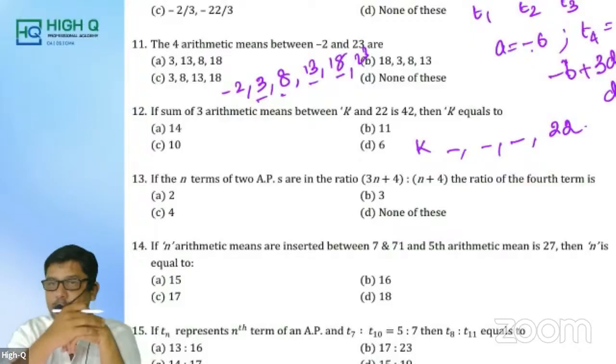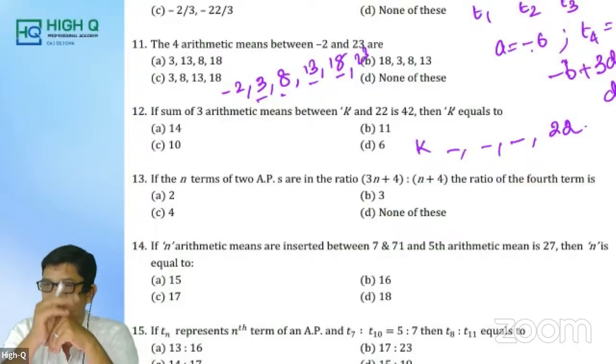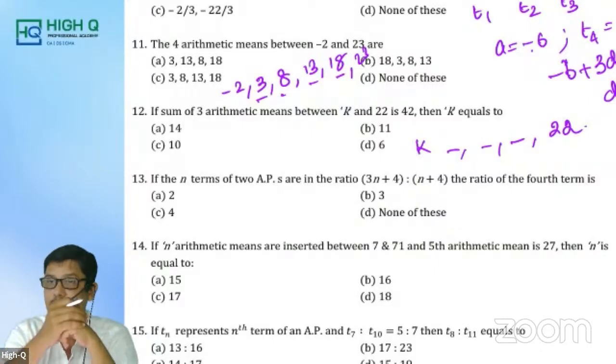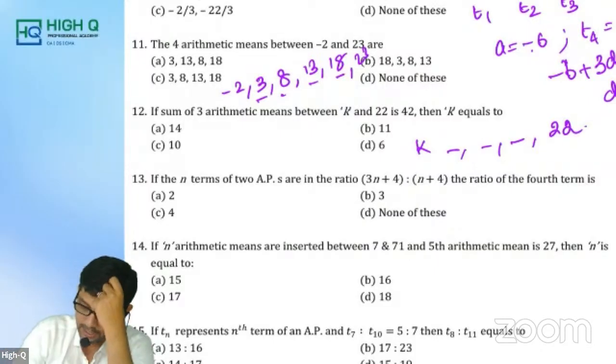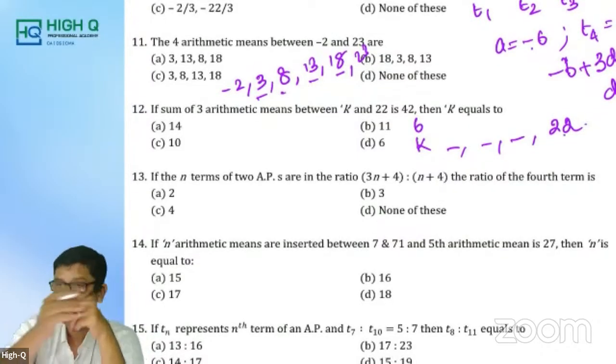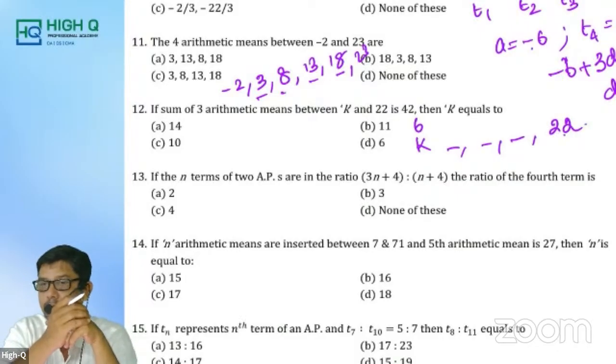What is the first option? Don't try 14. Take the smaller one. Among all the 4 options, which is the smallest one? 6. Take 6. What is the difference between 22 and 6? 16.